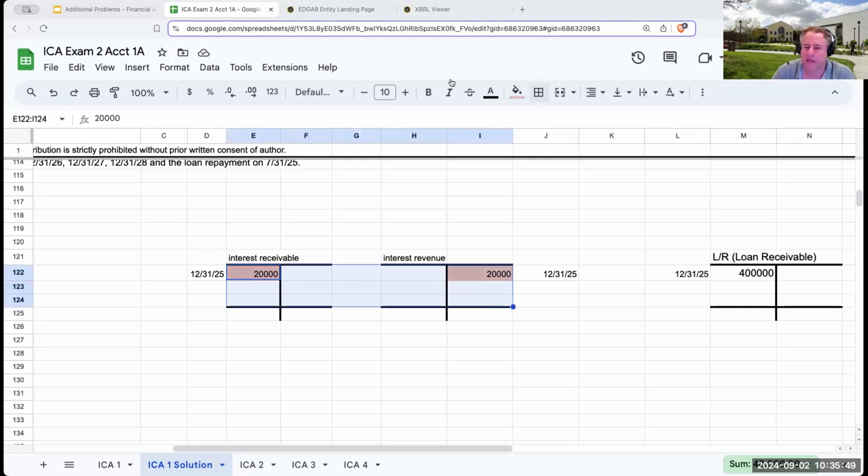But in this case, the interest receivable as well as our loan receivable balances will carry forward for a longer period of time.